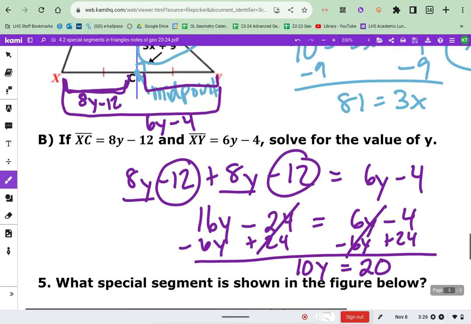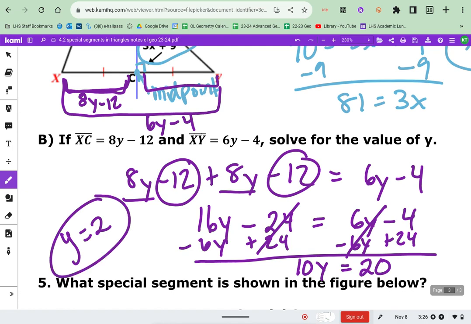So we can divide by 10 on both sides and get that y equals 2. All right, questions about that one?